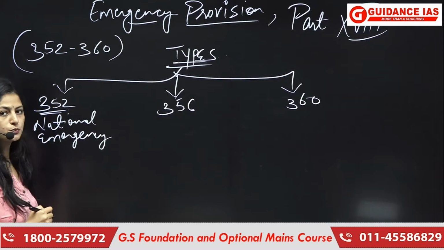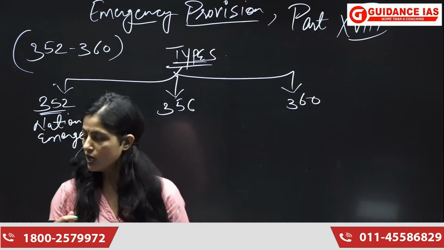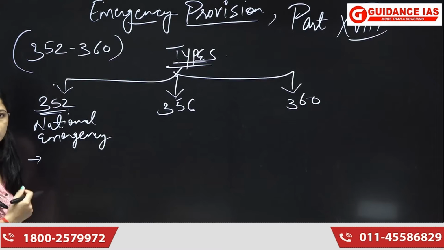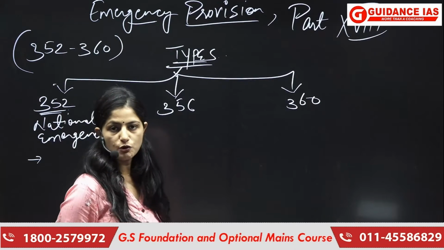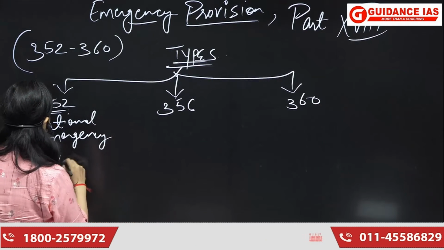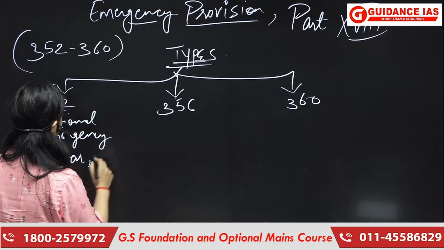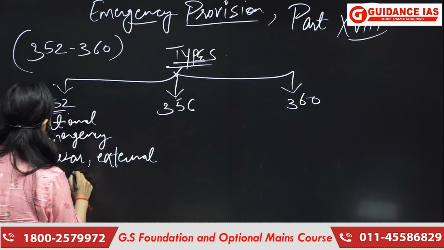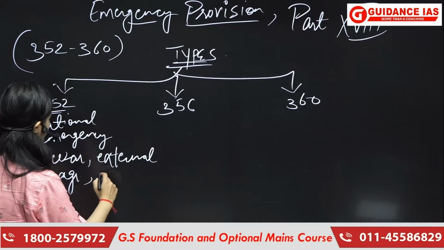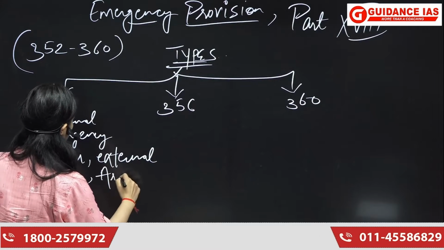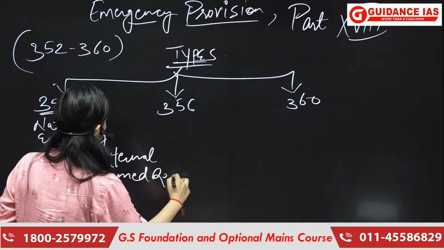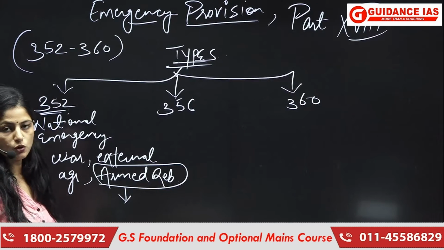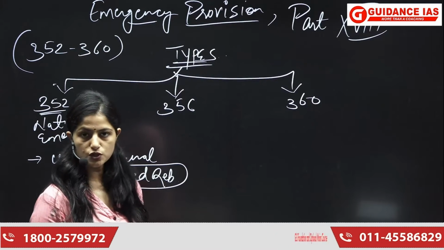The next question is under which conditions it gets proclaimed or imposed: when there is either a war or external aggression, or an armed rebellion. You must know that this term, armed rebellion, was introduced after the 44th Constitutional Amendment Act.